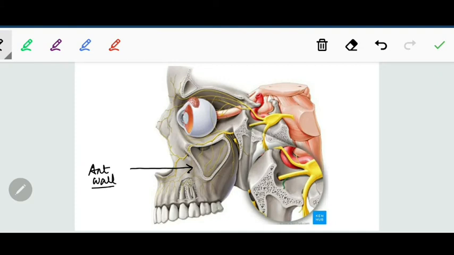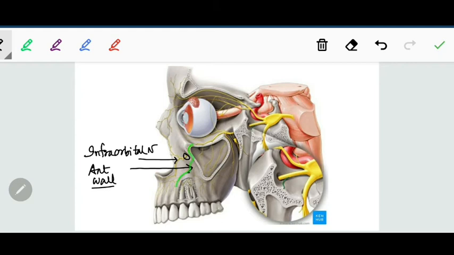This wall is formed by the anterior surface of the body of maxilla, and it is related to the plexus of infraorbital nerves. So this nerve coming out of this foramen, which is the infraorbital foramen, is called the infraorbital nerve. After coming out of the infraorbital foramen, it forms a plexus called the infraorbital plexus of nerves.